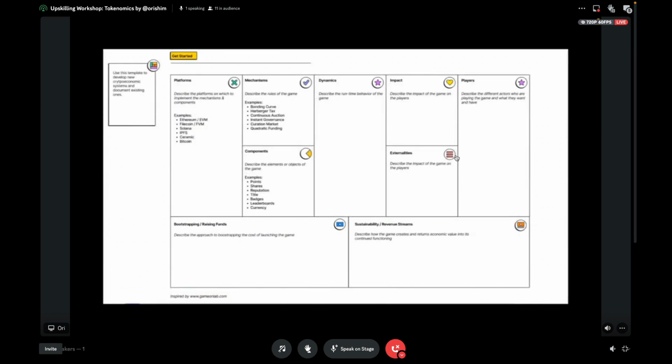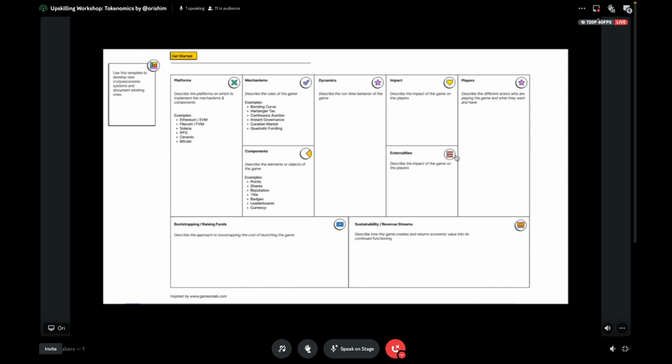But then ultimately, what you want your dynamics to result in is some sort of impact, right? So there should be some impact of playing the game on the players. So this is the endogenous impact that the system has, on the people playing the game, or the organizations that are meant to be affected by the game.